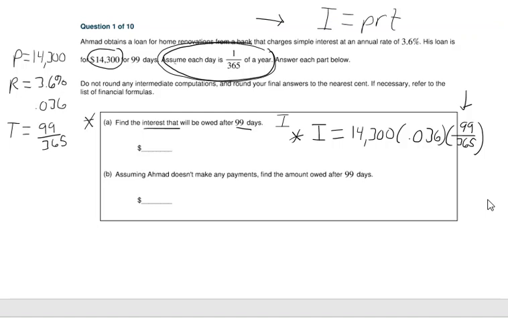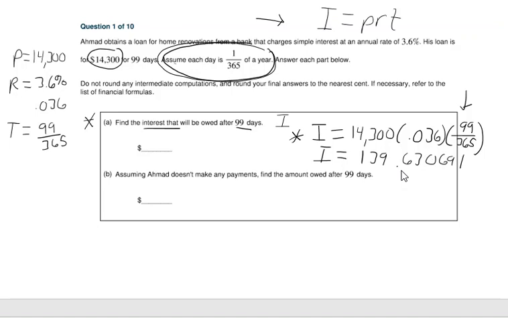And then I'm going to times that by 14,300. When you're doing these, don't round in the middle of doing the problem, or else you won't get the same answer that ALEKS is expecting. Now for the I, I get 139.630691, and at this point I am going to round.